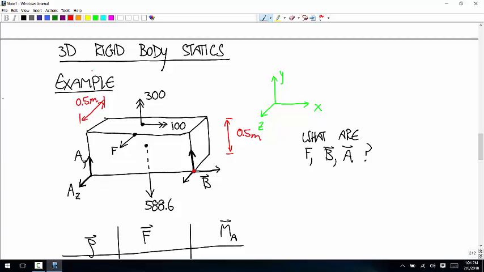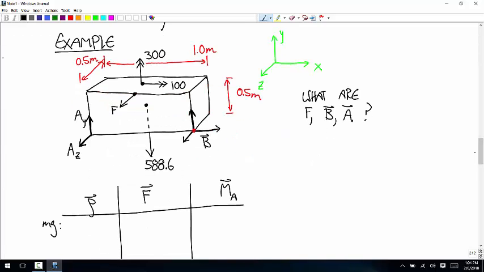And then the length is 1. Okay, so in the x direction, we go half a meter in the negative x direction.